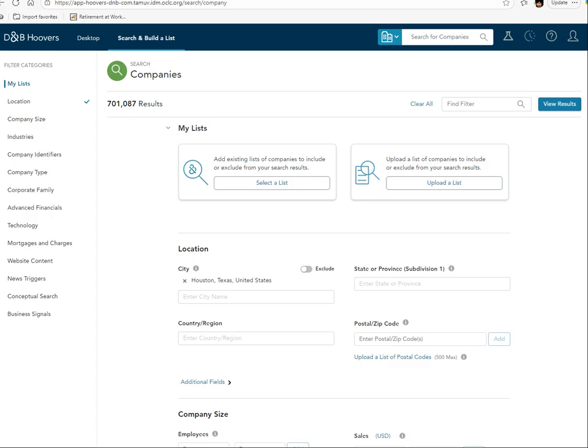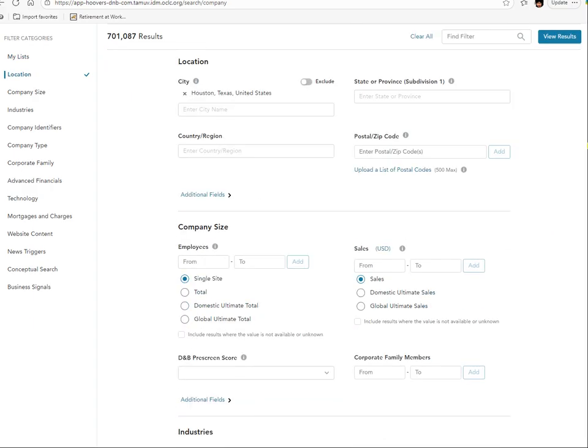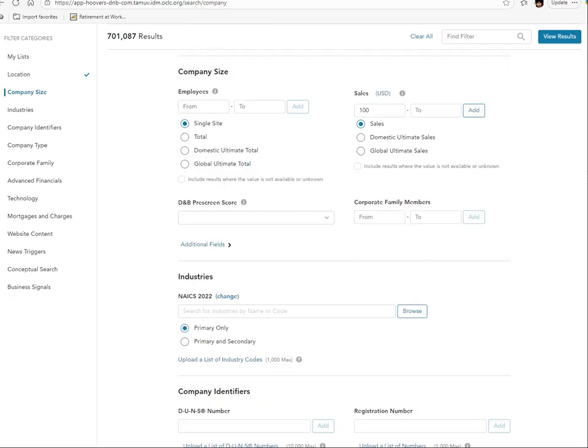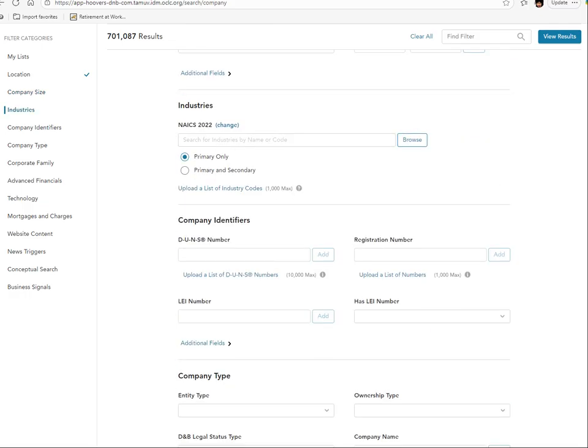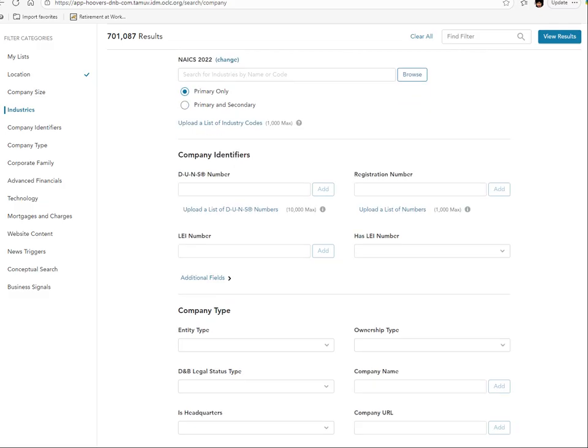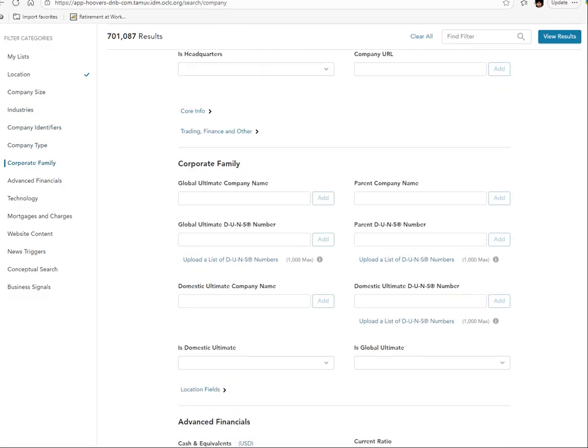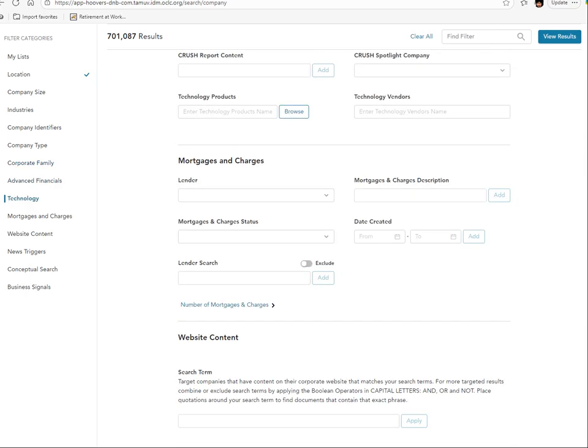Right, you can add other filters, but let's see whose annual sales are over, right, $100 million. Let's see who are these big corporations. No restrictions for industries. Everything will be included. But if you want to focus on a specific industry, that's fine. You can add those criteria.